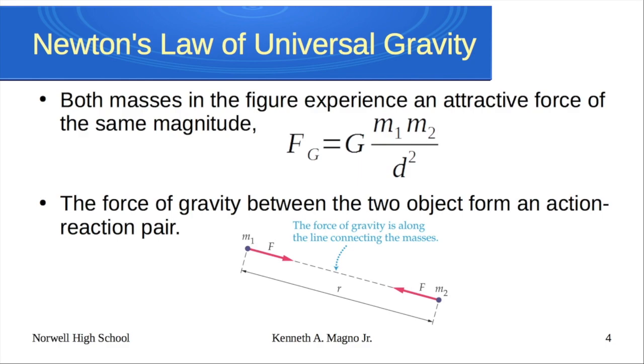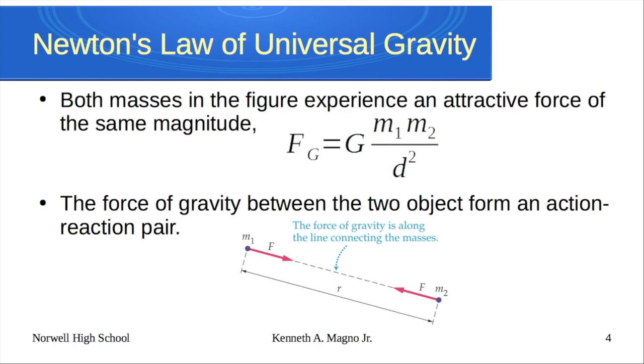But one of the main things here is that we need to realize that it's an action-reaction pair, right? Newton's third law. So the force on object 1 is the same force on object 2, just in opposite directions. So now the idea of the force of gravity on you from the Earth, well, you're also putting a force on the Earth.